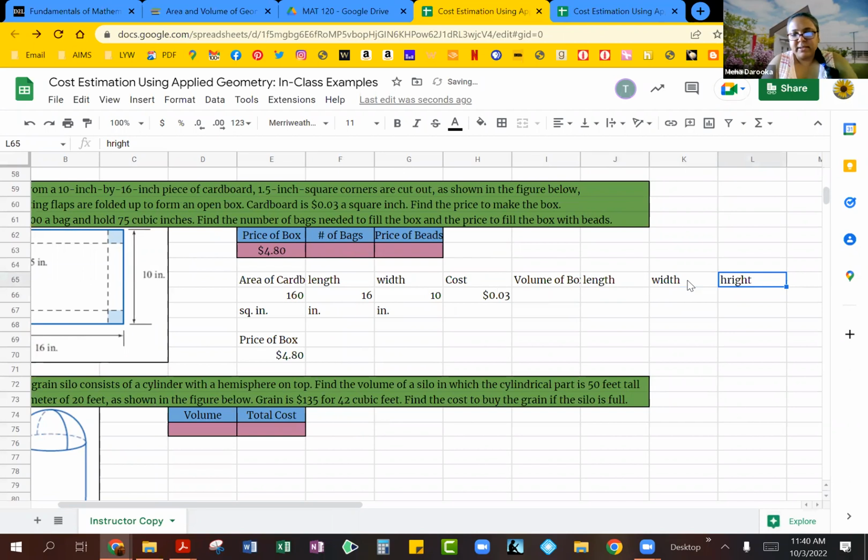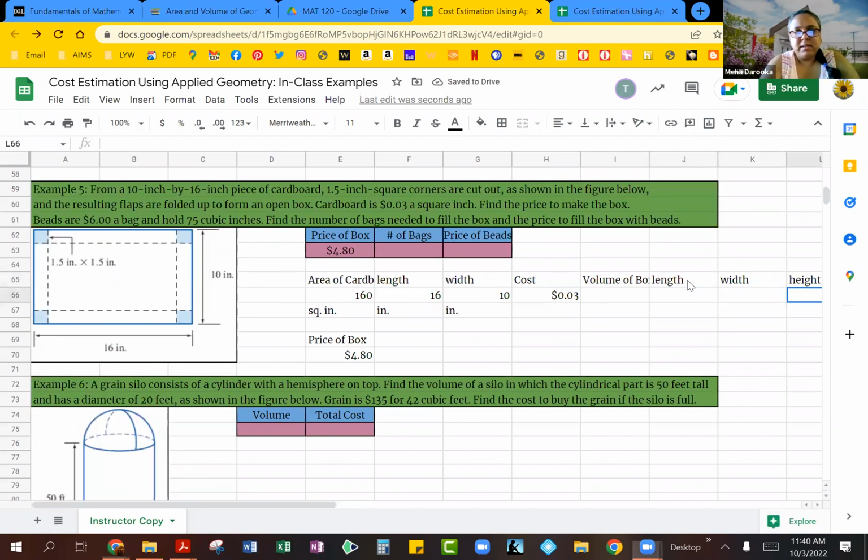Oh, that should say height. Yeah, Sabrina, so you can call it base. I'm calling it width, but that's basically the idea.